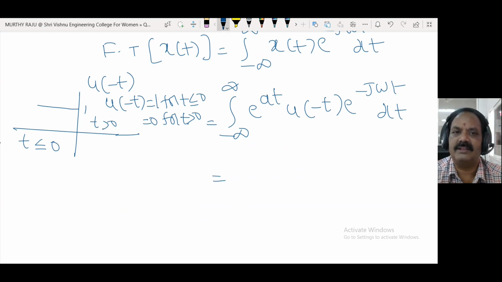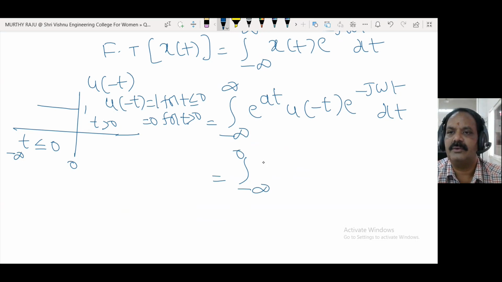Therefore, we consider the interval minus infinity to 0. The integral from minus infinity to 0 of e power a t, with u of minus t value 1, into e power minus j omega t dt.